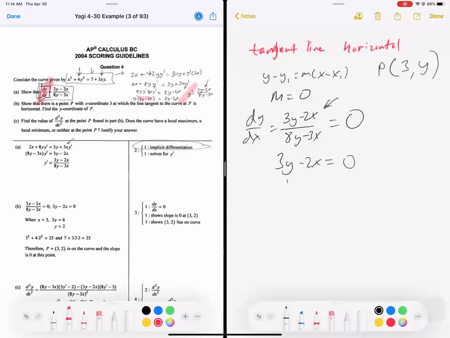So we have x and y values here, and remember here x is going to be 3. So we plug in 3: 3y minus 2 times 3 equals 0. Moving over, 3 times 2 is 6, so 3y is 6, and y is equal to 2.